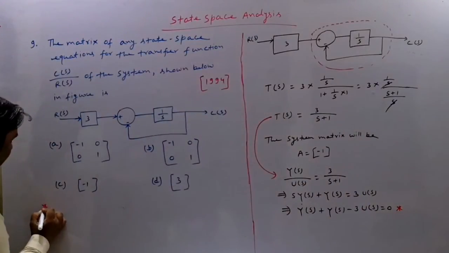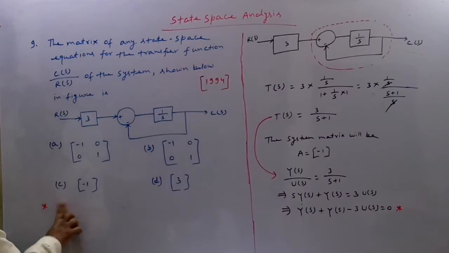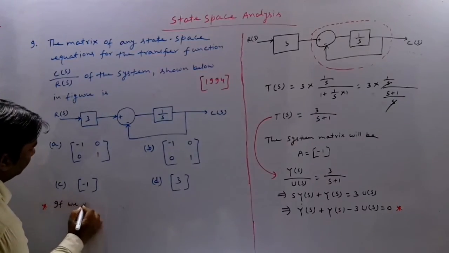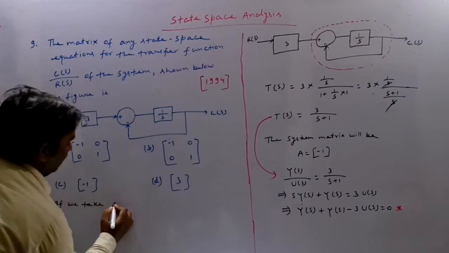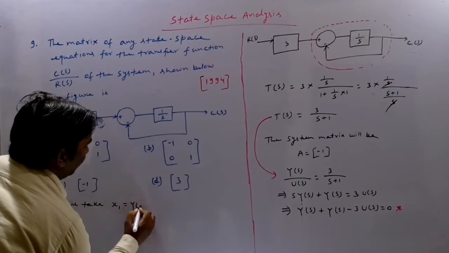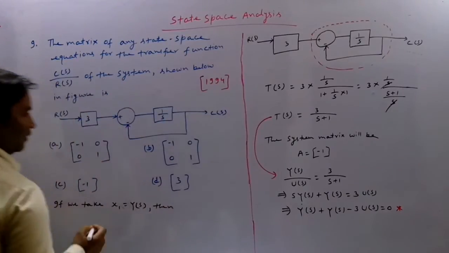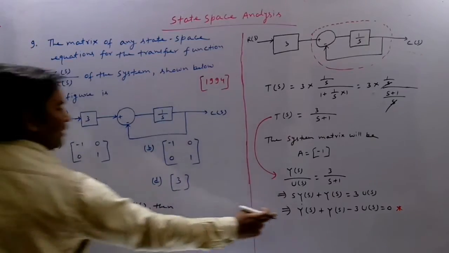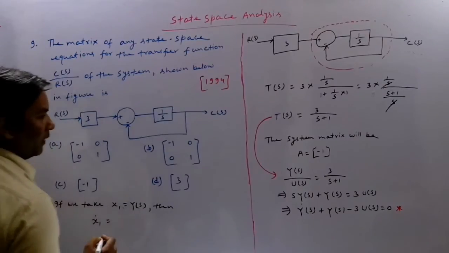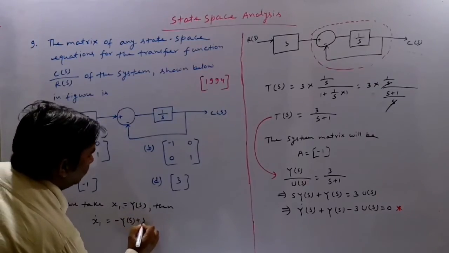If we take x1 equal to ys, then y dot is nothing but x1 dot, so x1 dot equal to minus ys plus 3 us.